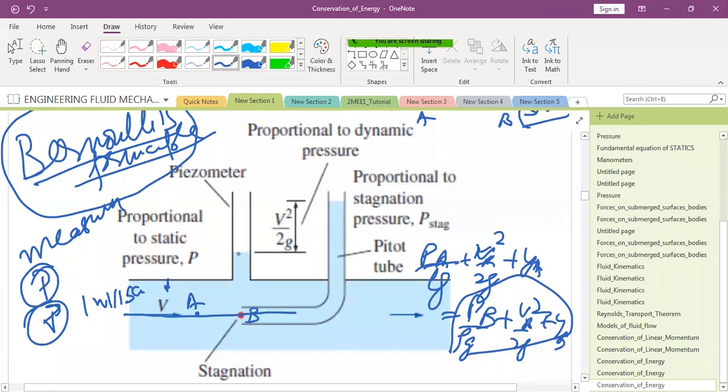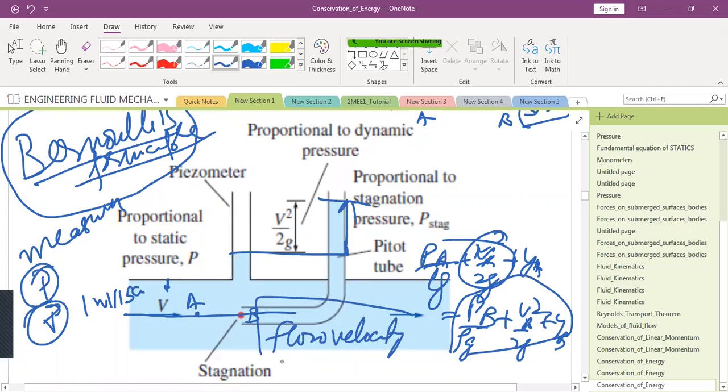So looking at PA and PB, that is the difference in the manometric head, you can find out the velocity at point A. So you can find out the flow velocity.